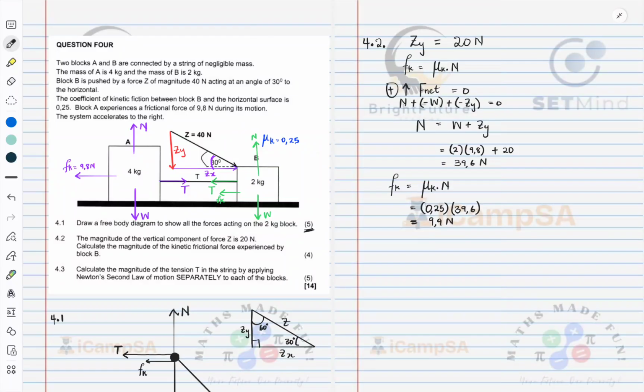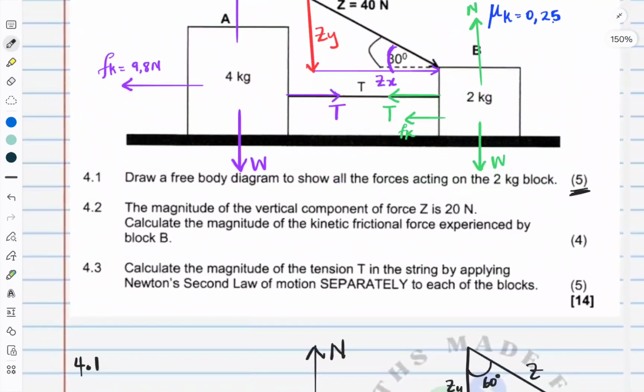And now we are asked to find the magnitude of the tension T in this string by applying Newton's second law of motion separately to each of the blocks. All right, so in these types of questions I usually introduce two methods, but following instructions is very, very crucial. They even put it in capital letters: separately to each block.